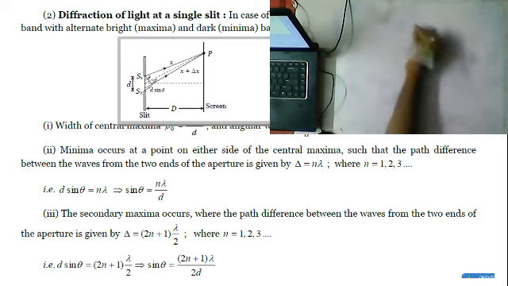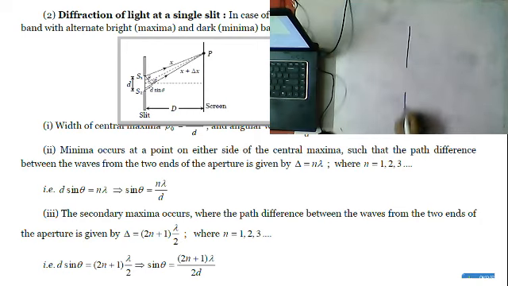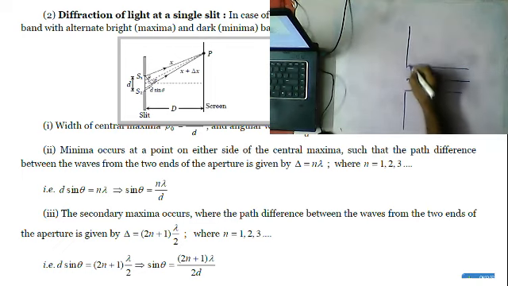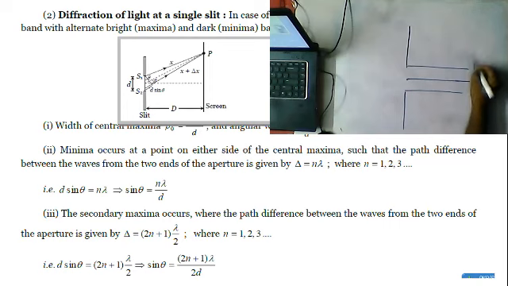Okay guys, now here, this is our midpoint. The light rays are moving here like this. If you clearly observe, guys, whenever this is a screen, at this point we are getting what?